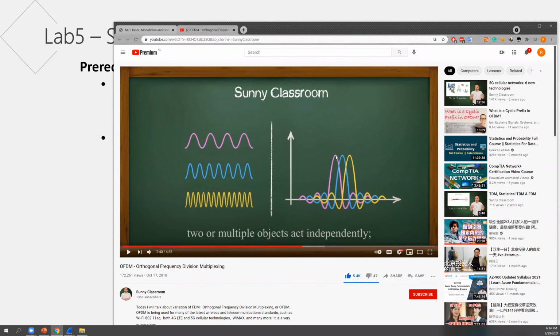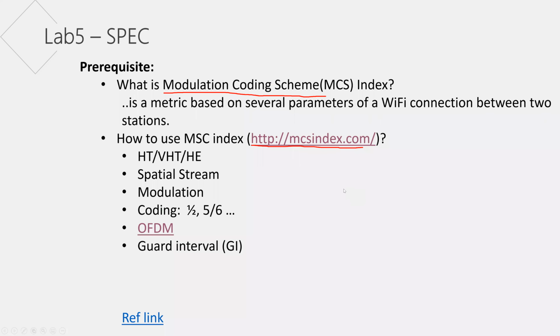So the GI interval between them, you should know what is GI in this graph. Basically, it's just the distance from the pink line to the blue line, like between their peak. So that is the interval. So we always use 400 or 800 nanoseconds as our guard interval.